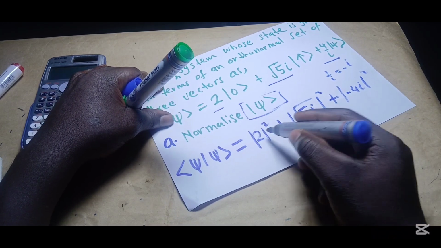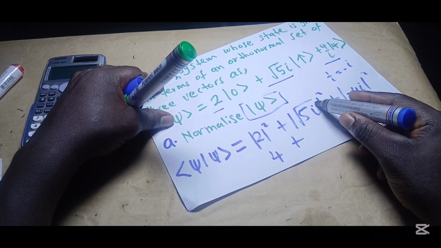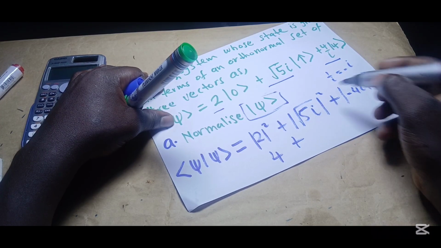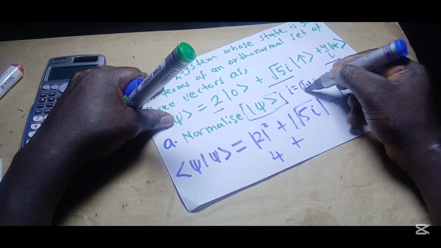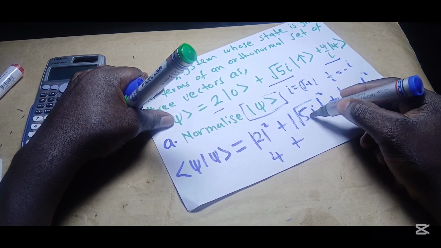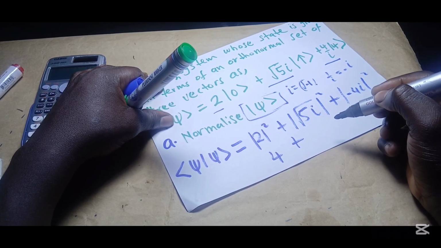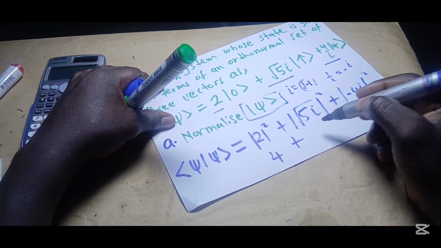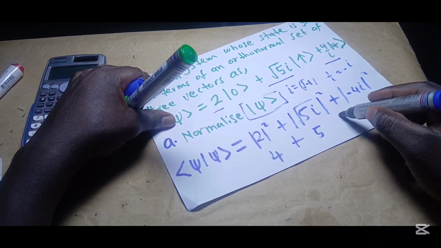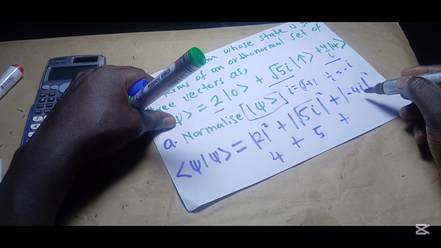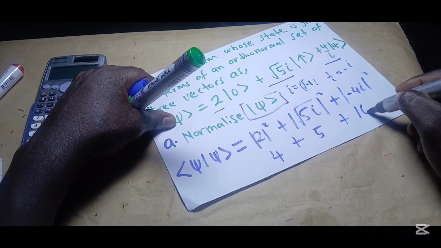Okay, so squaring 2 gives us 4, plus squaring this term right here. i itself is equal to square root of minus 1, so if we square it, it's going to give us minus 1, making this whole term minus 5. But the absolute sign will cover all of those effects, so we are going to get 5 here, plus the square of this is going to give us minus 16, but since we are dealing with absolute values, it should be 16.